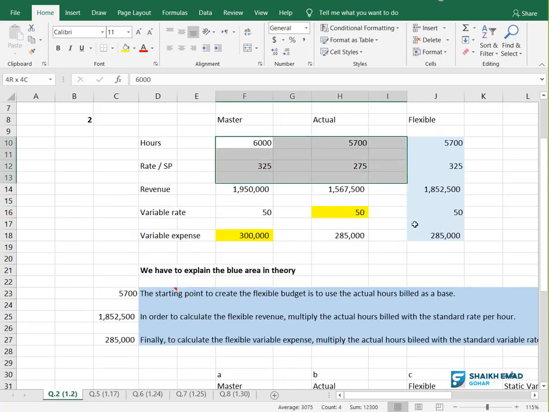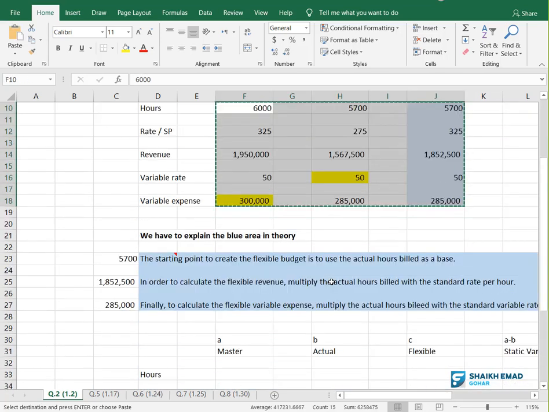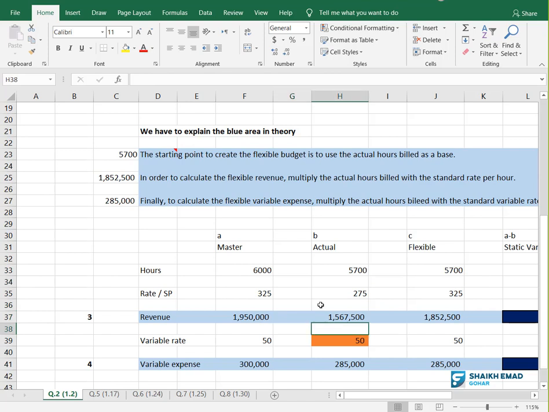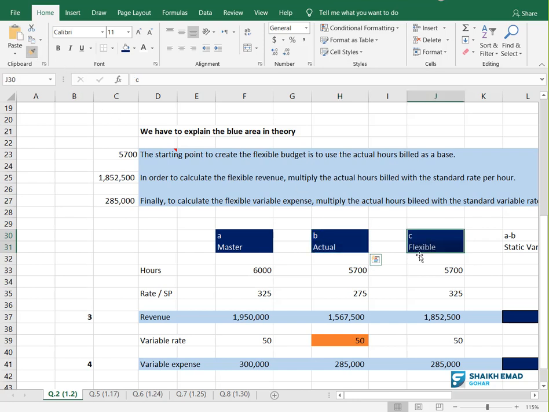Let me copy paste this one here. So data is copy pasted in front of you and I have written above ABC.